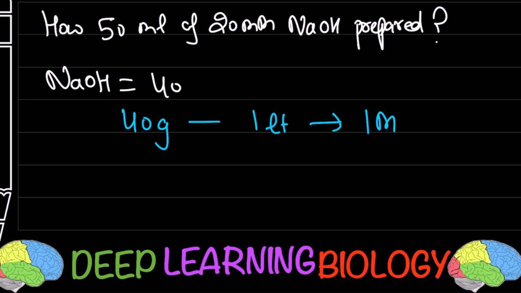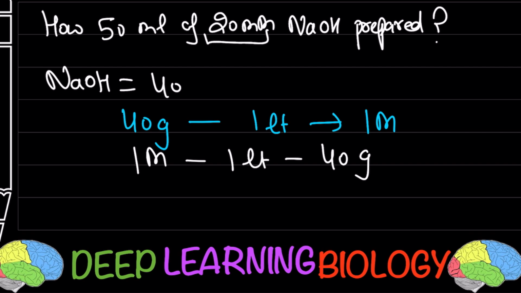40 gram you need, and you make the final volume 1 liter. This way you prepare 1 molar. Now you can reshuffle. To prepare 1 molar, 1 liter, you weigh 40 gram. To prepare 20 millimolar, keep in mind this is 0.02 molar.